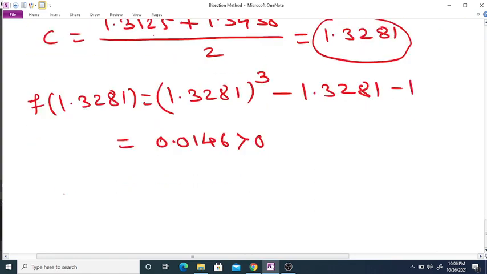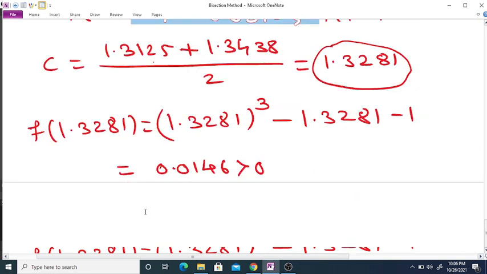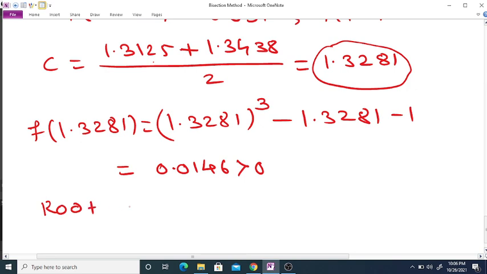In the previous iteration, f of 1.3125 is less than 0, and therefore the root lies in the interval 1.3125 and 1.3281.